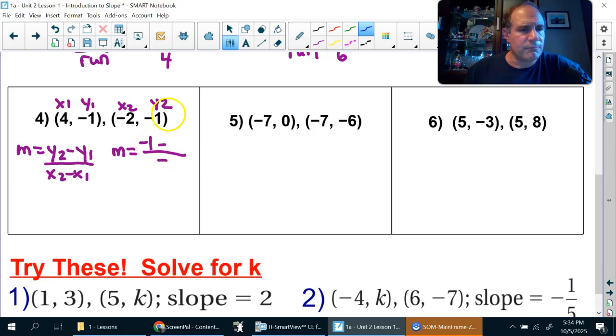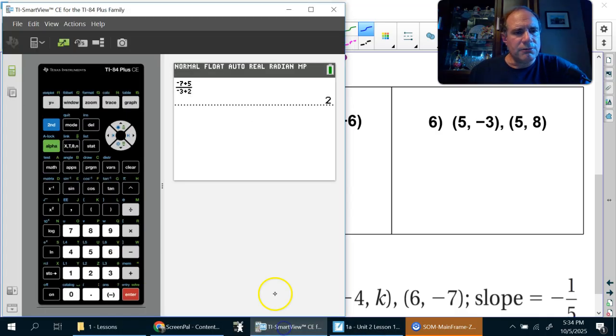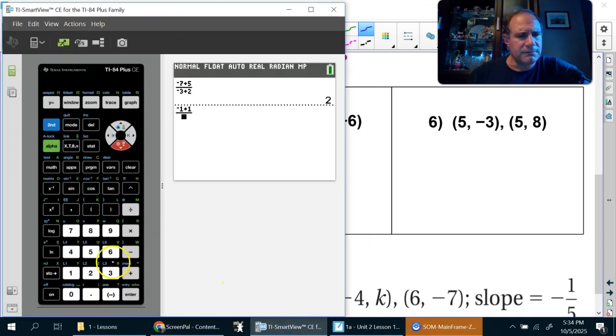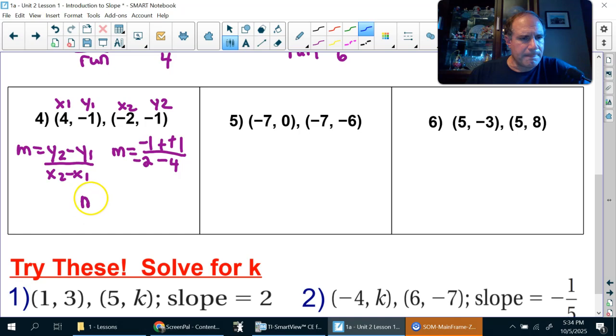You have negative 1, y2 minus y1 is negative 1, minus, minus, can't put the plus signs, negative 2, which is x2, minus x1, which is 4. So we're going to use alpha x. We're going to do negative 1 plus 1, and on the bottom negative 2 minus 4, and it is 0. Makes sense because the y values are the same.